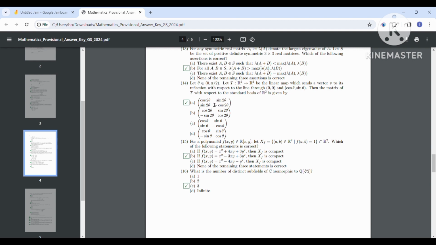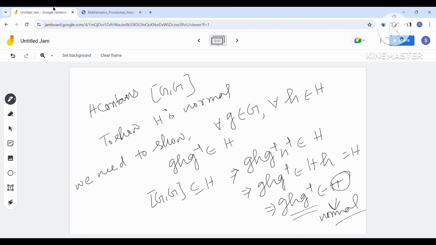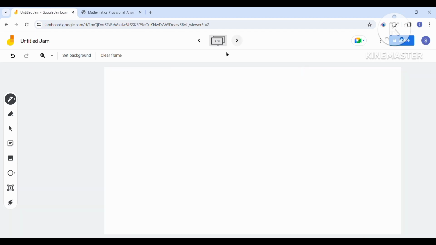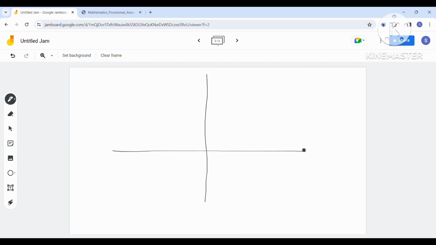It says that theta belongs to the open interval 0 to pi by 2 and T is a linear map that sends every vector to its reflection with respect to the line through (0,0) and (cos theta, sin theta). Okay, so you can solve it by geometric intuition. Say this one is R2, this one is the unit circle.